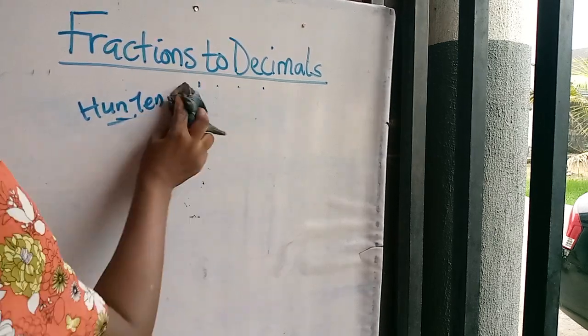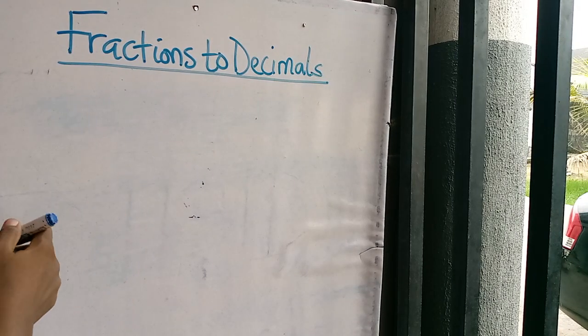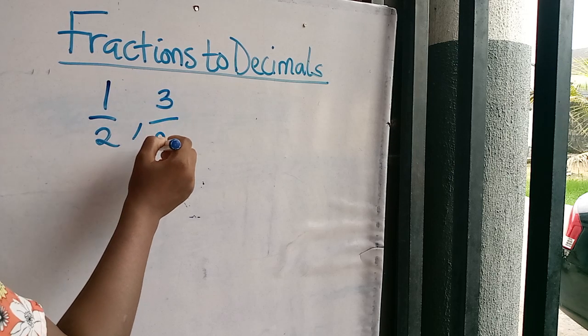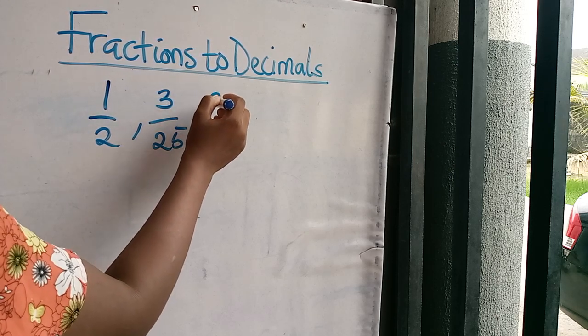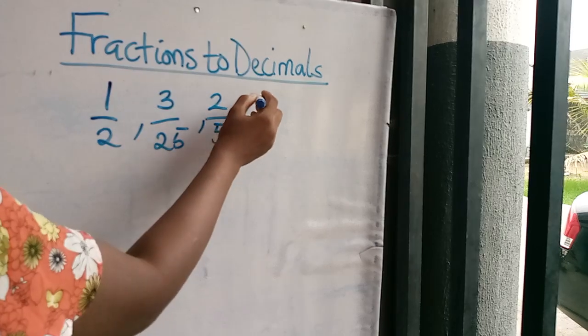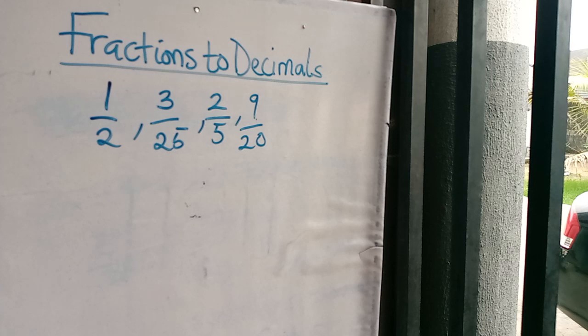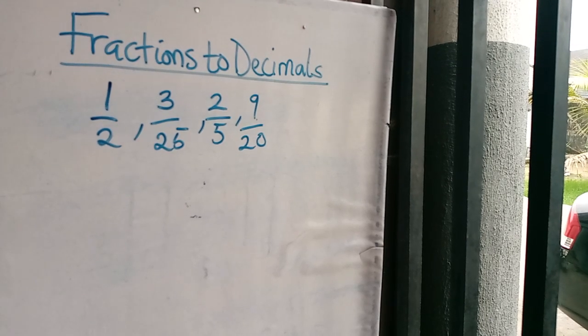Let's look at the board to see some of these examples. 1 over 2, 3 over 25, 2 over 5, 9 over 20. These fractions on the board do not have a denominator of base 10, 100 or 1000.